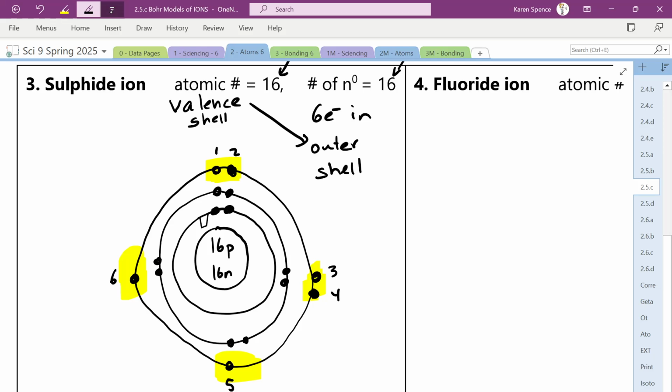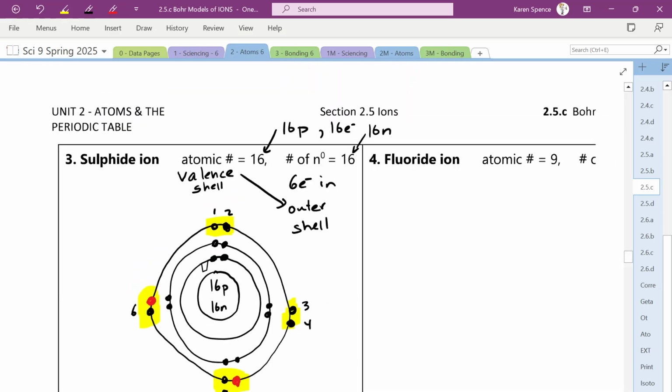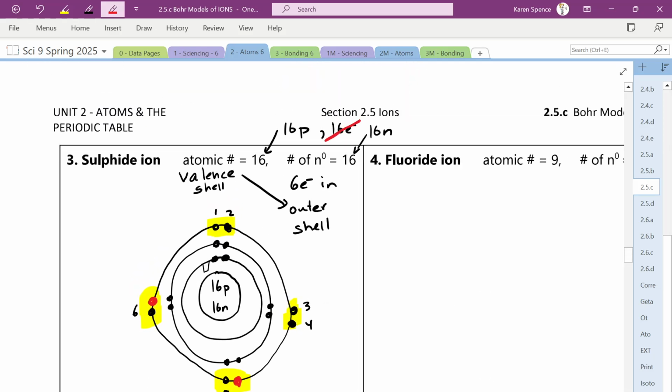So we're going to add in 2 extra electrons. 1, 2. We'll add them in the spaces where they're missing. Now I don't have 16 electrons anymore. I now have 2 more, so that means I have 18 electrons.